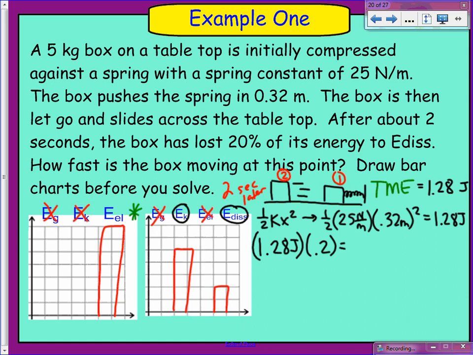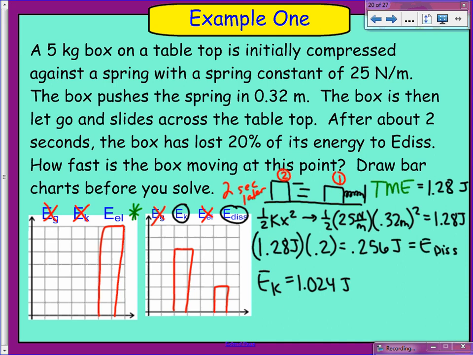If I do 1.28 times 0.2, I end up getting 0.256 joules. This is the amount of energy that is lost, or E dis. So that means my kinetic energy must be 1.28 minus that. So 1.28 minus 0.256 gives me a kinetic energy of 1.024 joules 2 seconds later.